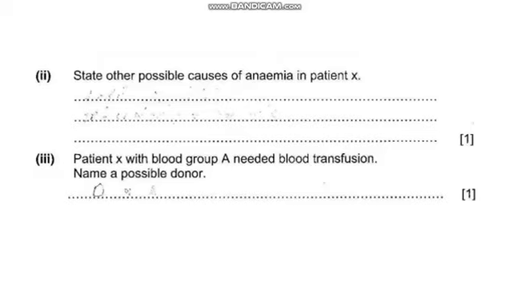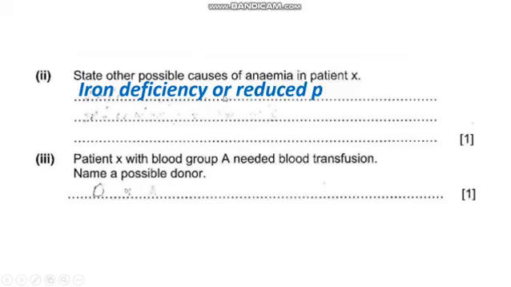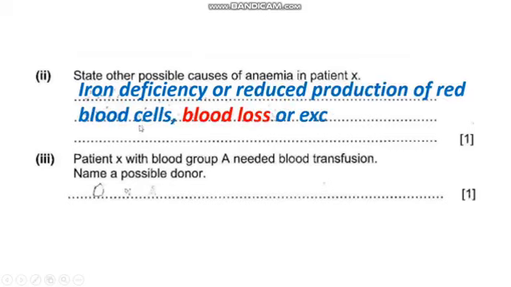Another cause of anemia is the destruction of the red blood cells. So from these other causes of anemia that I've mentioned, you can just pick any. So we can say iron deficiency or reduced production of red blood cells, blood loss, or excessive bleeding. So these are the other causes of what? Anemia. So we have answered our question B2.